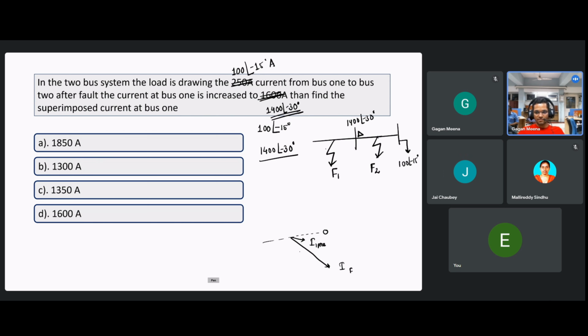So now we have to take reference of I fault minus I pre. So it will be this, right? Correct? Is it correct?